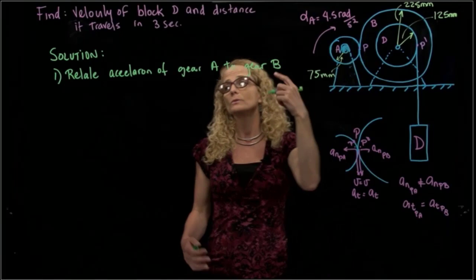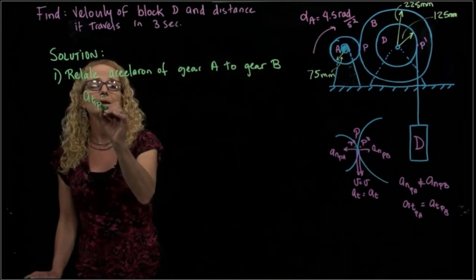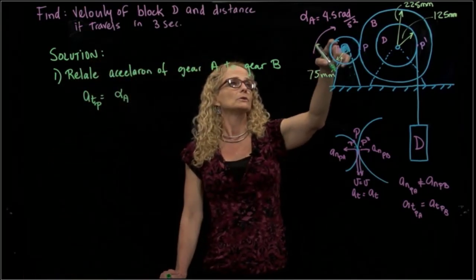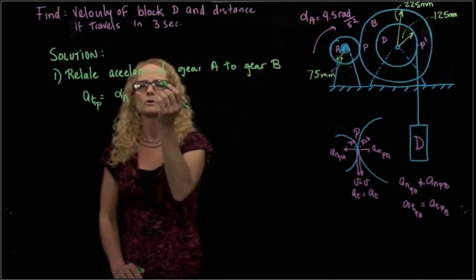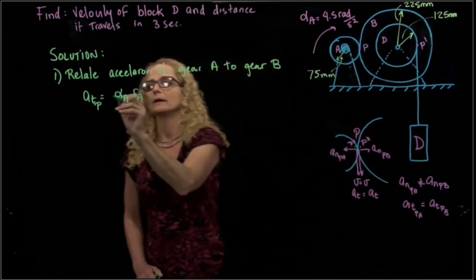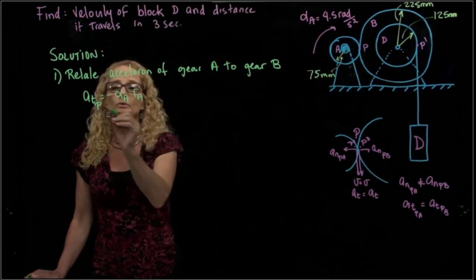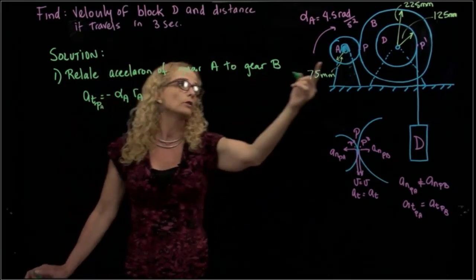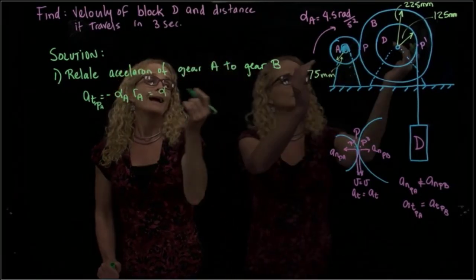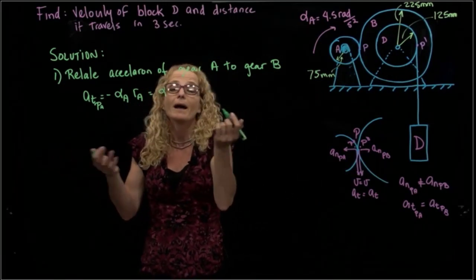The tangent acceleration of that point P will be equal to the angular acceleration of A times its radius, the radius of A, in the negative direction. And that same acceleration will be equal to the one of the other point, in the positive direction. As you see, both accelerations go in the same direction, so I can actually talk about only magnitude.